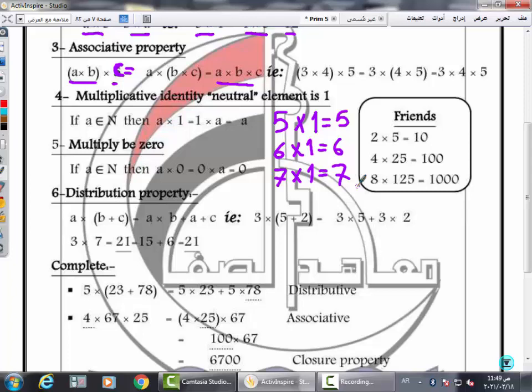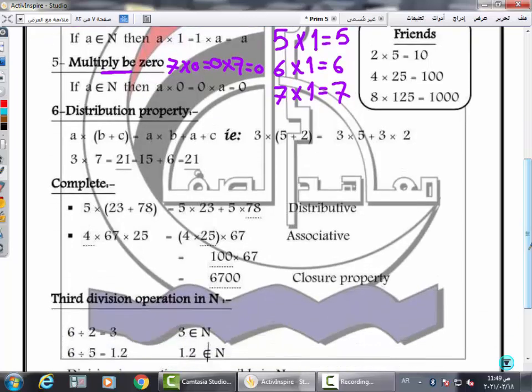Multiplying by 0. If we multiply any number by 0, it gives me 0. 7 times 0 equals 0. 0 times 7 equals 0. Okay, any number multiplied by 0 equals 0. Distribution property. What's the meaning of distribution property?